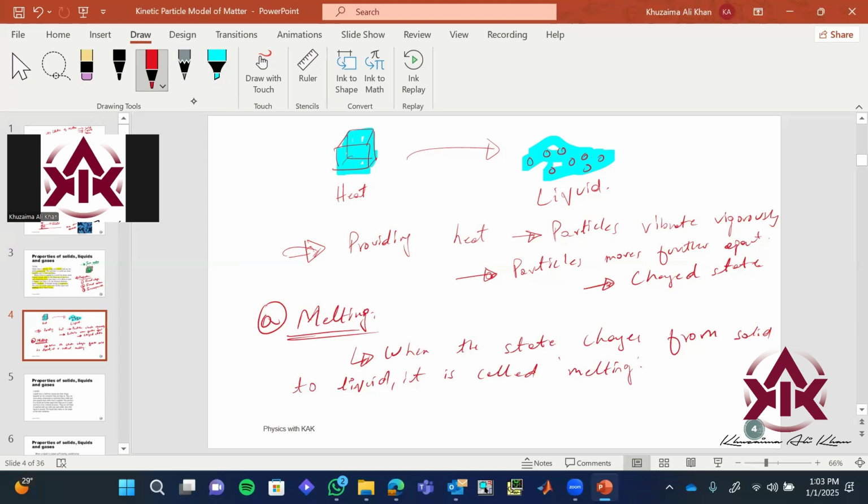So it's called melting. And then we have a further smaller point over here that is called melting point. Because we also have a melting point over here, we should also know what a melting point is. It is very simple.